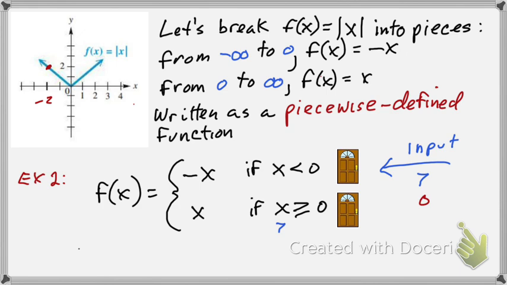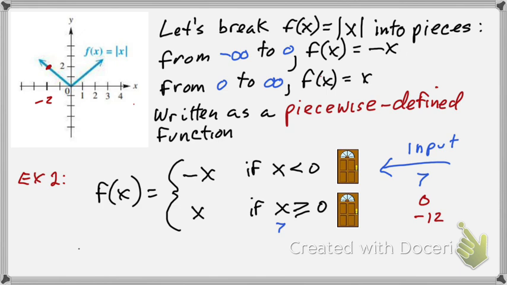What if I sent a negative 12 in? Top. So that says take your x, negative 12, multiply by negative 1, so 12. So you're always getting back a number from 0 on up. Can't be less than 0.